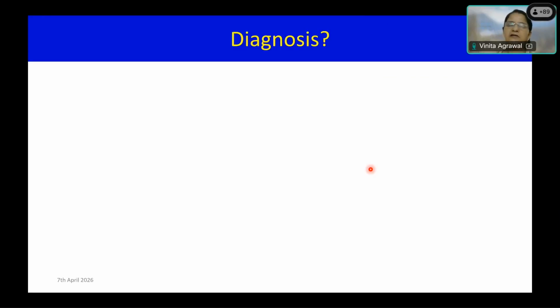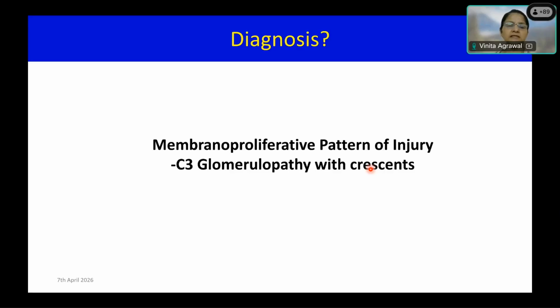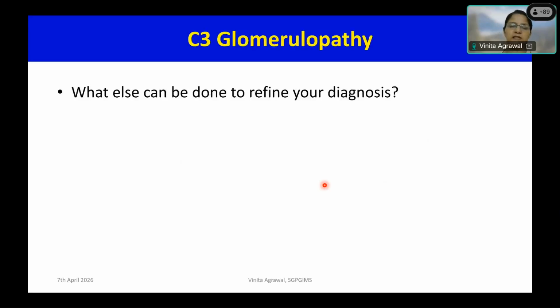But MPGN pattern of injury with C3 dominant deposits, you say C3 glomerulopathy would be your diagnosis in this case. So I will say this is a membranoproliferative pattern of injury with C3 glomerulopathy, which also has crescents, right? Okay. So now the question is, what else can be done to refine your diagnosis? You have made a diagnosis of C3 dominant. What else can be done to refine your diagnosis?